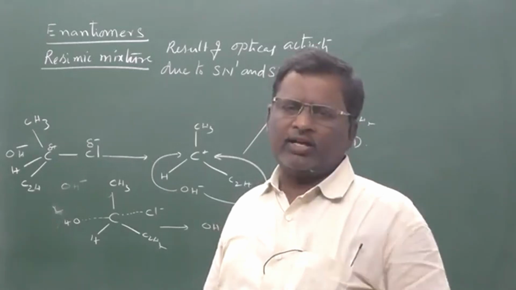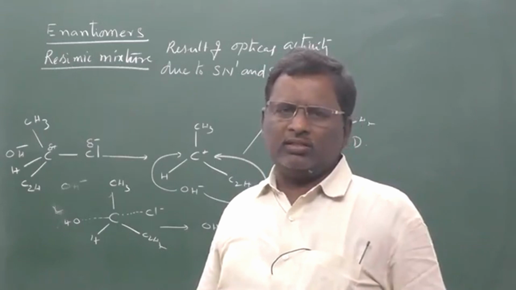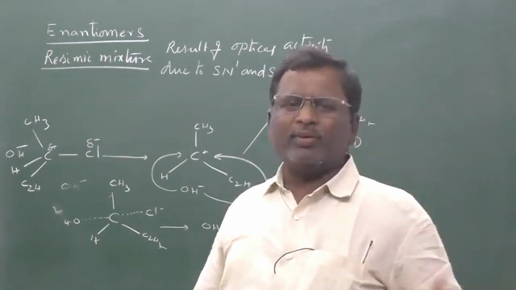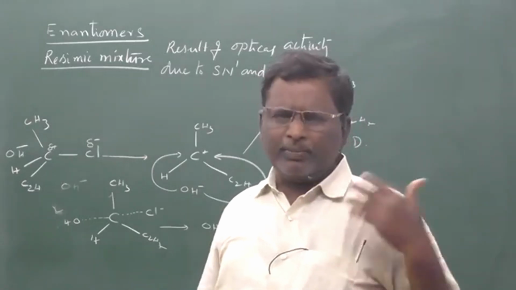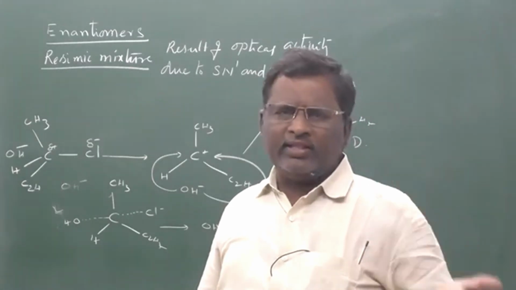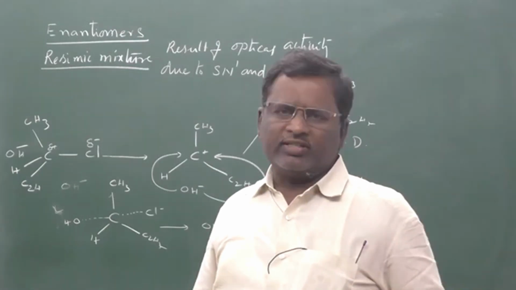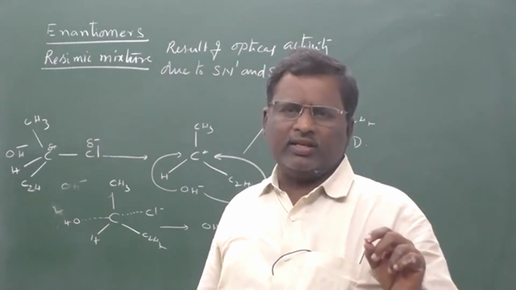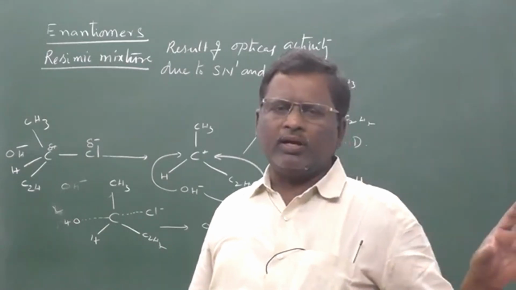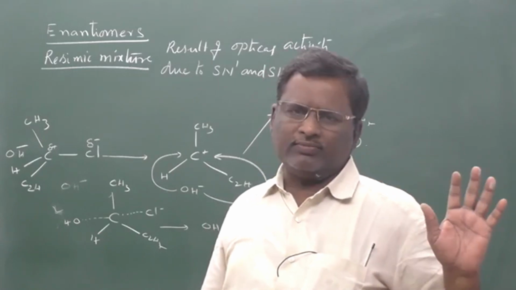Whereas in SN1 mechanism, the same isomer may be exhibited by the product, or the product may be a racemic mixture, that means it may retain the optical activity, or a racemic mixture may form. Whereas in SN2 mechanism, a new isomer will compulsorily form.